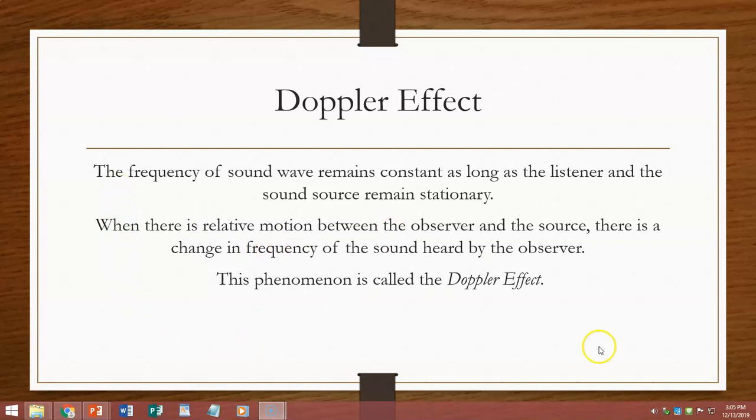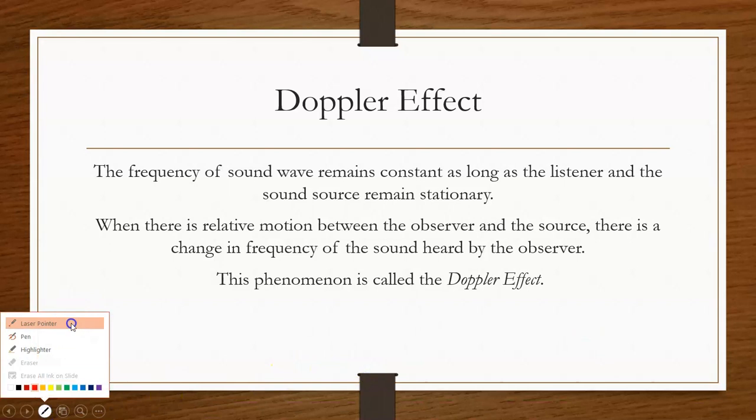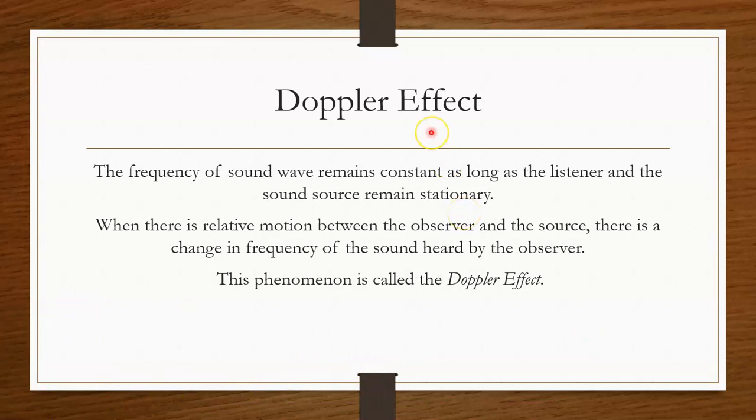Now, this is our last subtopic for this chapter. It is called the Doppler effect. Have you ever wondered, let's say a car or truck is moving while its horn is blowing, the frequency of the sound you hear is higher as the vehicle approaches you and lower as it moves away from you.